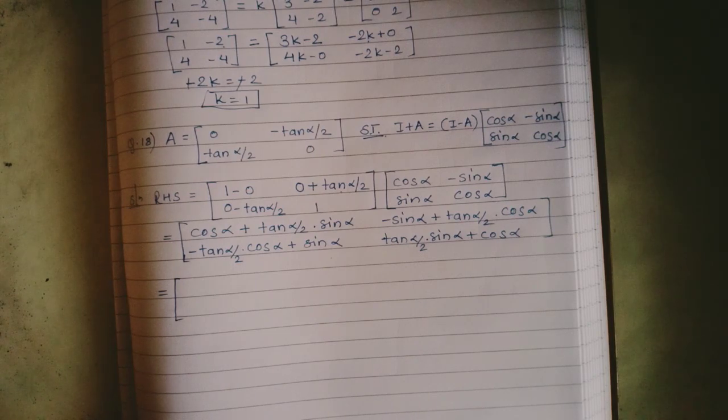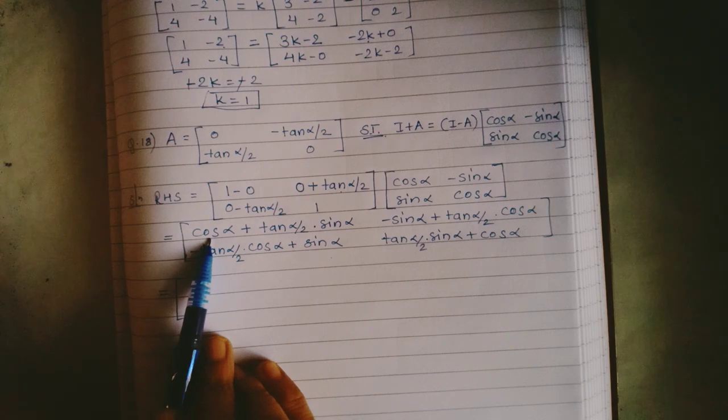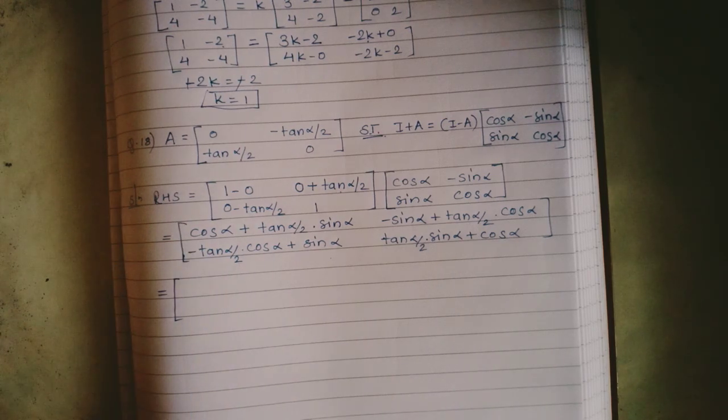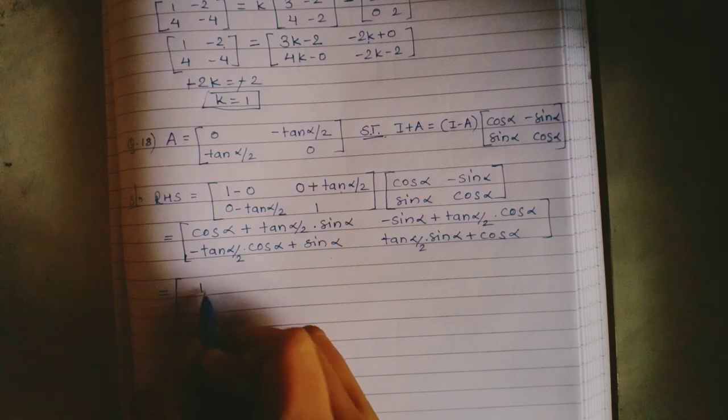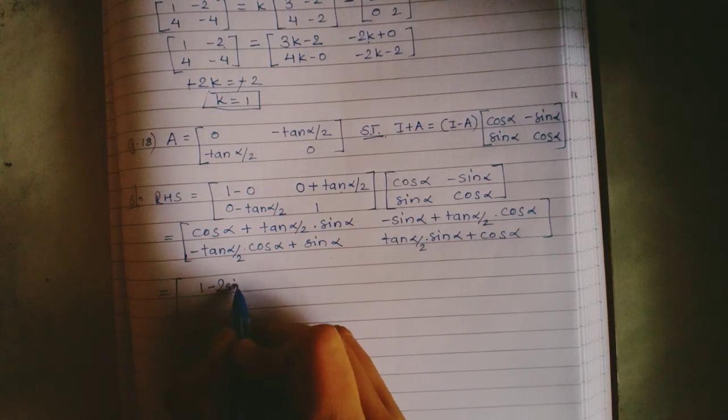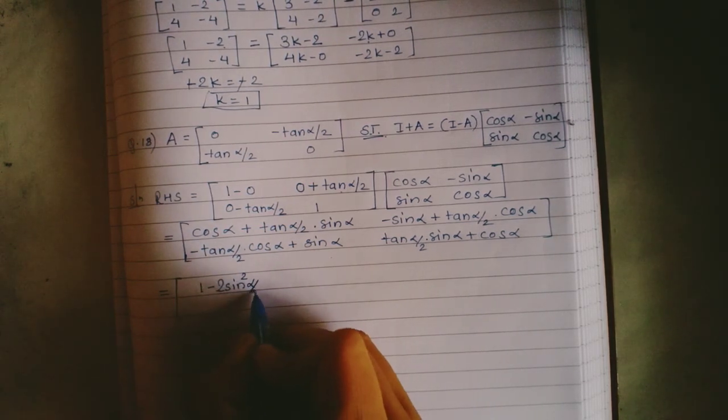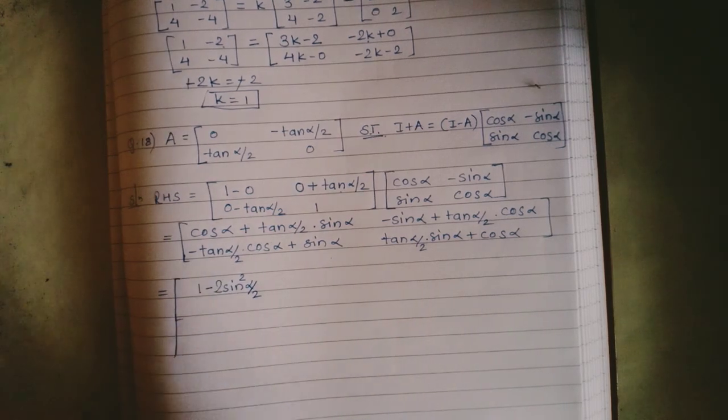Now you have to make use of identities. Okay, so taking cos alpha, you have to use half angle formulas. Cos alpha you can substitute as 1 minus 2 sin square alpha by 2. Why half angle?